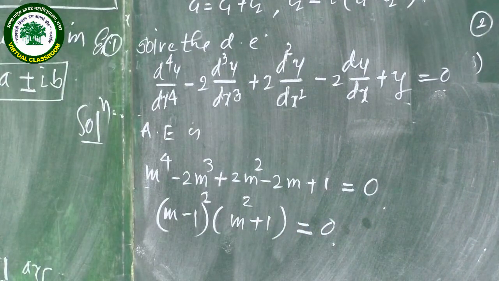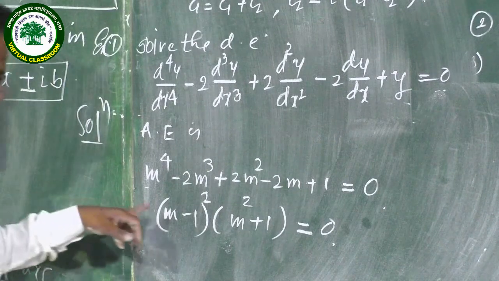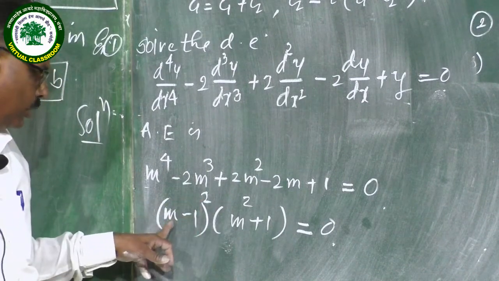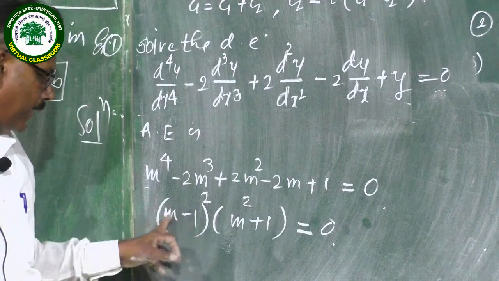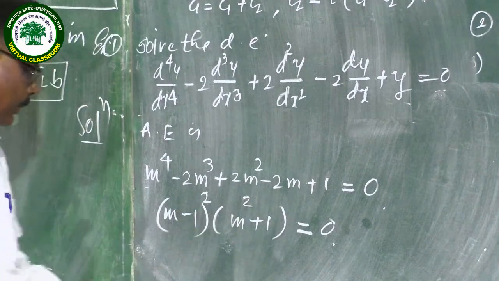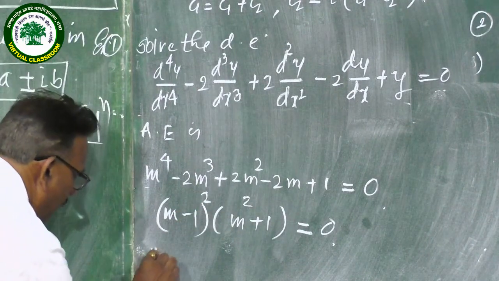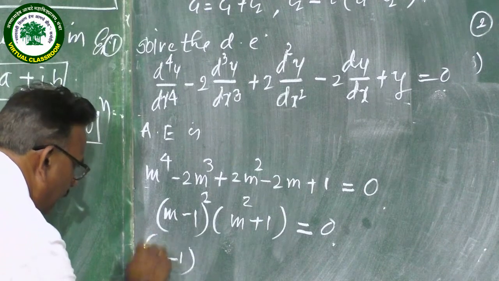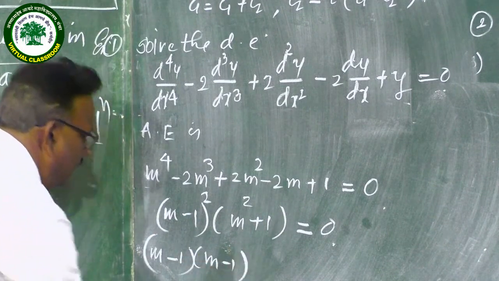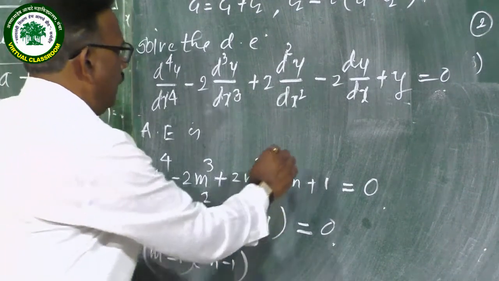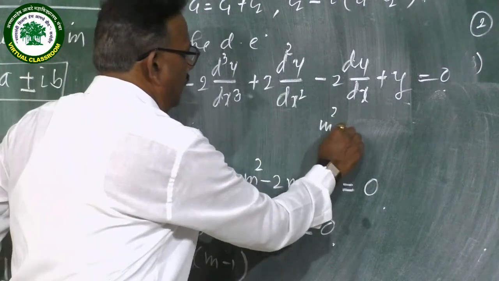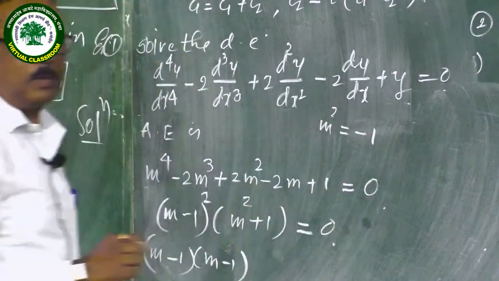Try to understand here: 1 is a root which is repeated 2 times, and from the second factor, m² = −1.